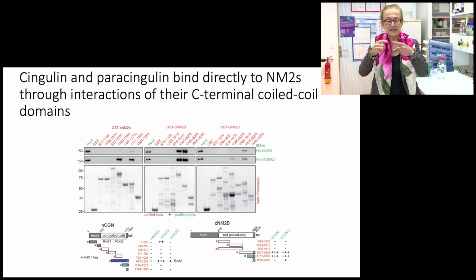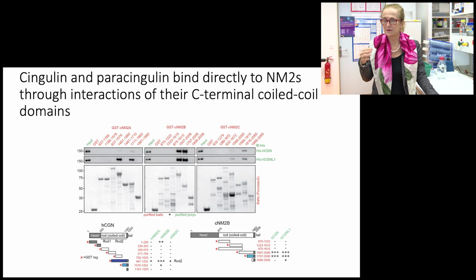The binding is mediated by the C-terminal coiled-coil regions of cingulin and paracingulin that bind preferentially in an antiparallel fashion to coiled-coil regions of myosins.